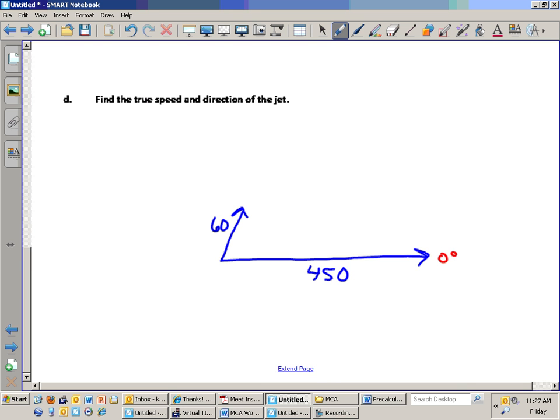If the wind is blowing 20 degrees east of north, what would this angle be right here? 70 degrees. It should sum to 90. North is going to be straight up, 90. And it says it's blowing 20 degrees east of north. Does that make sense?